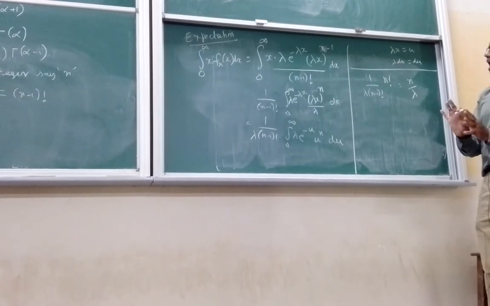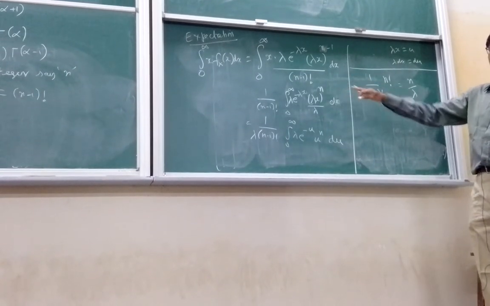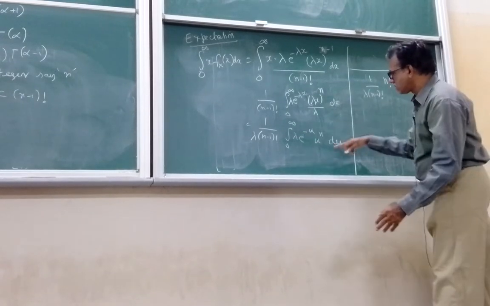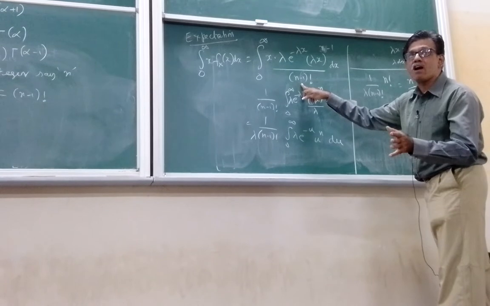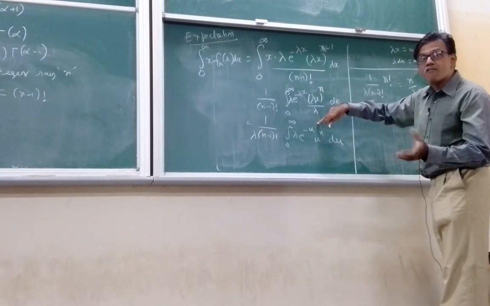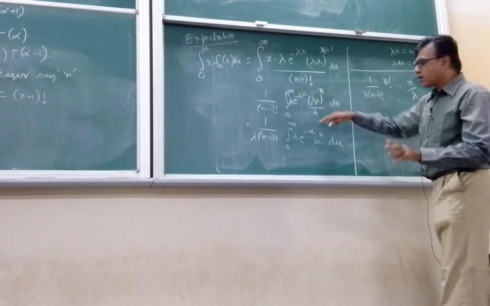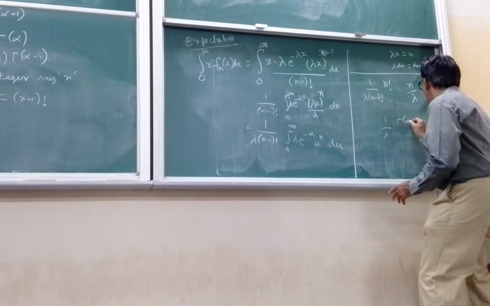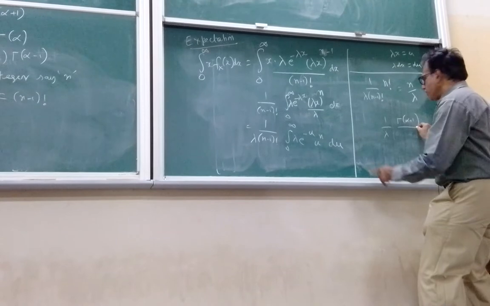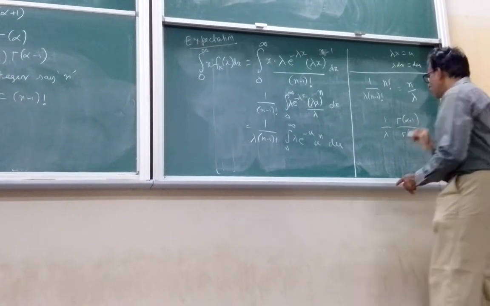If we had used alpha instead, with this generalization, instead of n minus 1 factorial it would have been gamma of alpha, and this would have been gamma of alpha plus 1. I would have got 1 over lambda into gamma of alpha plus 1 divided by gamma of alpha.